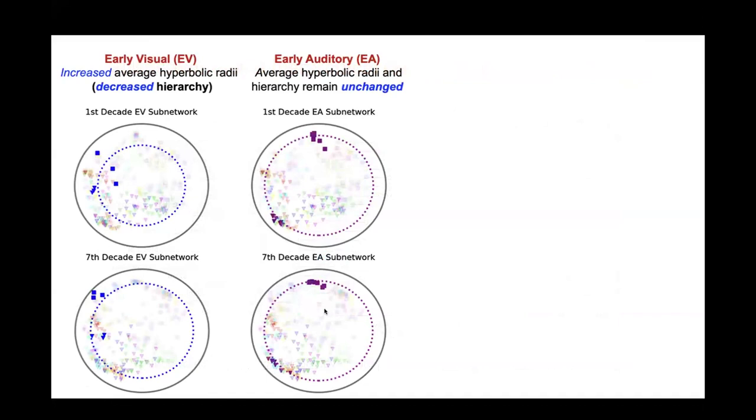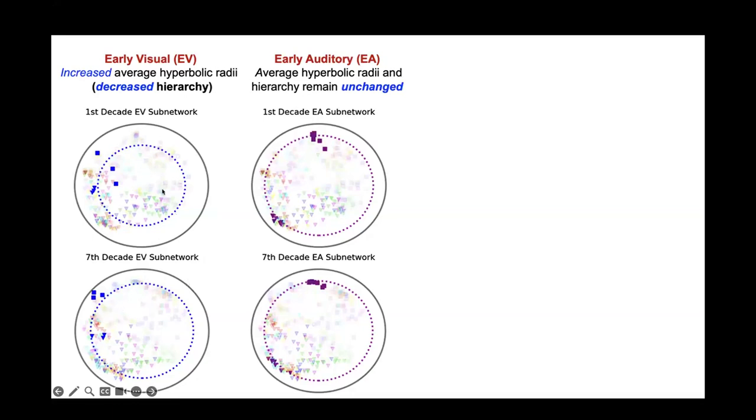So this is more studies in the hyperbolic space, the embedding space. We compare the first decade, 18 years old to 30 years old. And for the early visual, we find an increased average hyperbolic radius, decreased hierarchy, losing more connections over aging. And this is the 7th decade, when the people are between 80 and 90 years old.